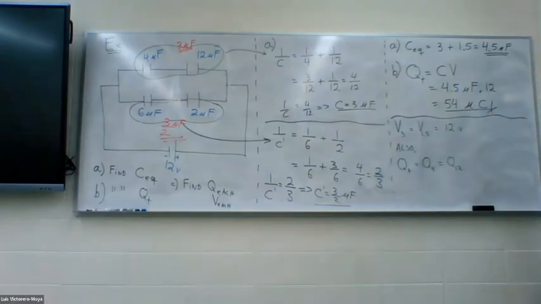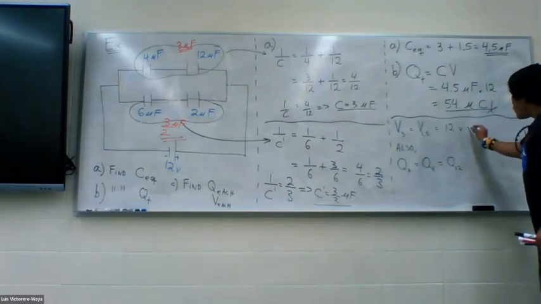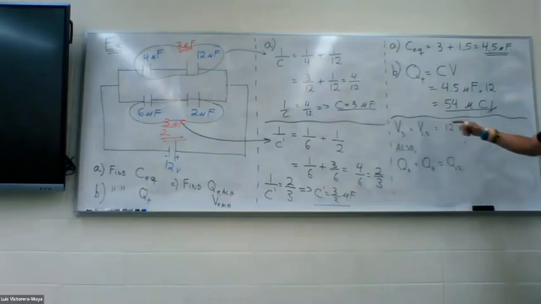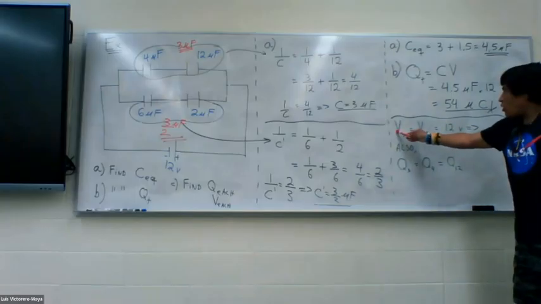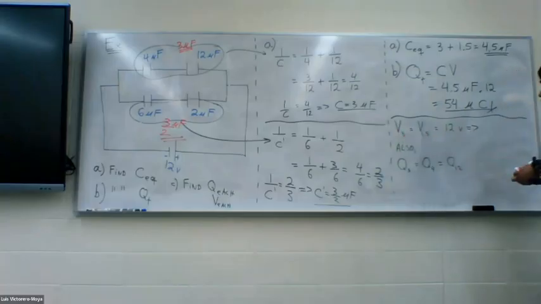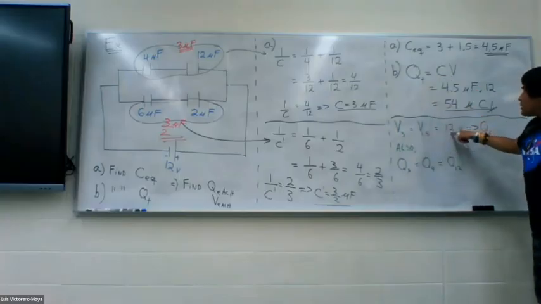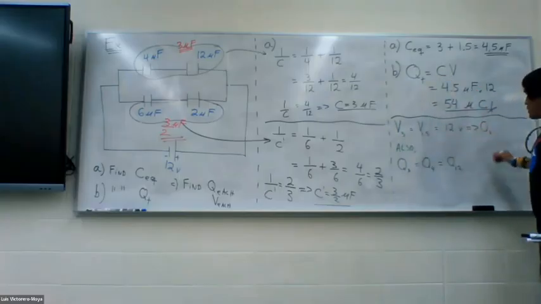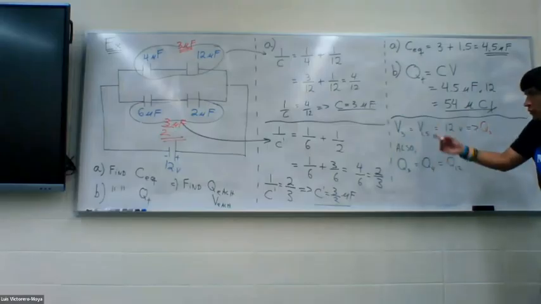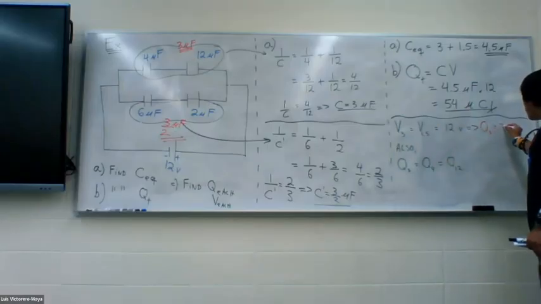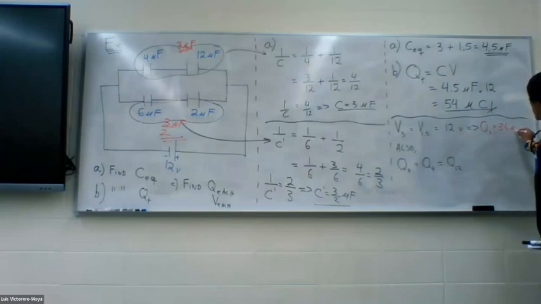All right. Now, from this first premise, if the voltage on 3 is 12, then the charge on 3 will be the capacitance 3 times the voltage 12. 3 microfarads times 12, that's 36 microcoulombs.